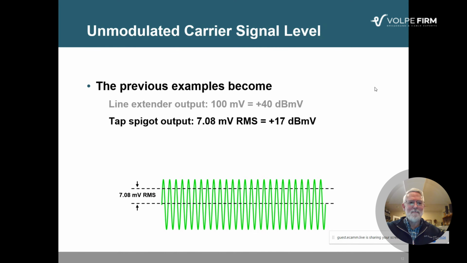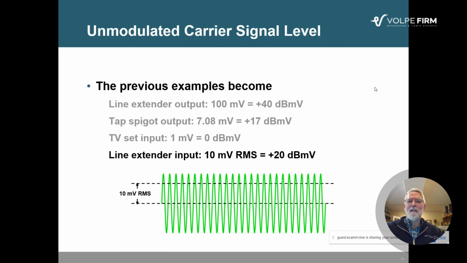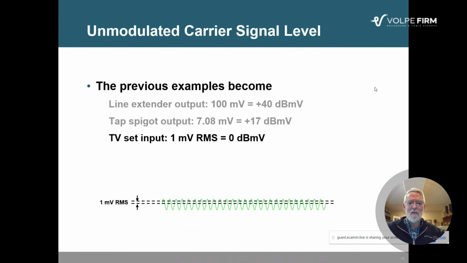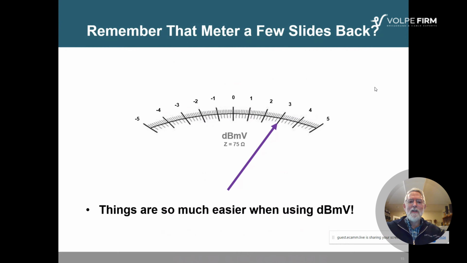And then the last one is the per channel input to a line extender, 10 millivolts RMS, and we did the math on that one in the previous example, is plus 20 dBmV. So there they are. You look at all those, they're all scaled correctly, so you can see the signal level. And now we go back to our meter slide. Remember that one that had all the voltage and current and power on it?